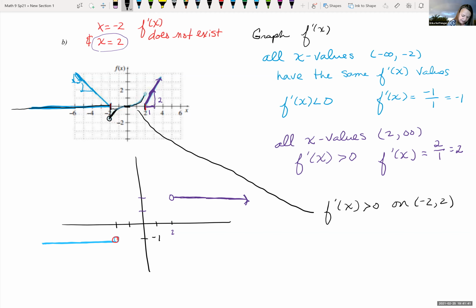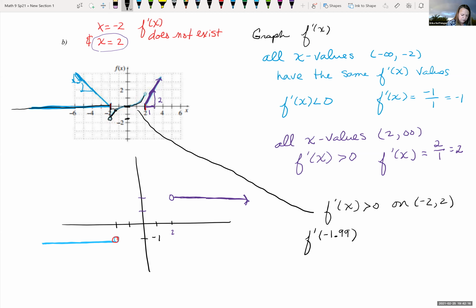So at about x equals negative 1.99, maybe it's actually negative 1.5 to 0.5.